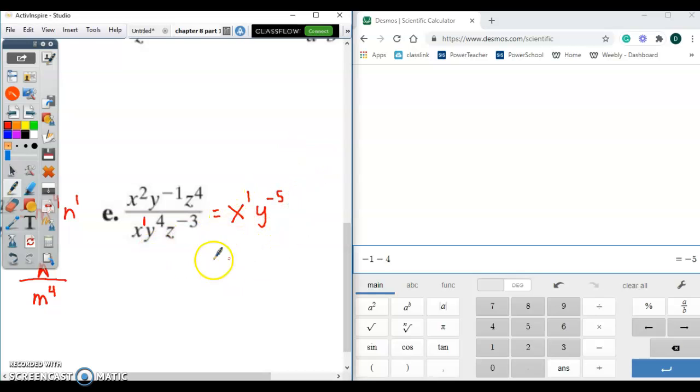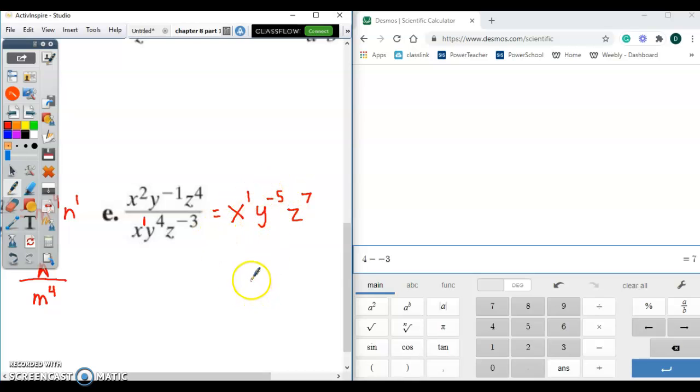We know that's going to be moving in a second. And then we have z, 4 minus a negative 3. Here's where you don't want to get lazy, right? 4 minus a negative 3. That gives us a positive 7. If we don't put that first negative in there, it will give us the wrong answer.